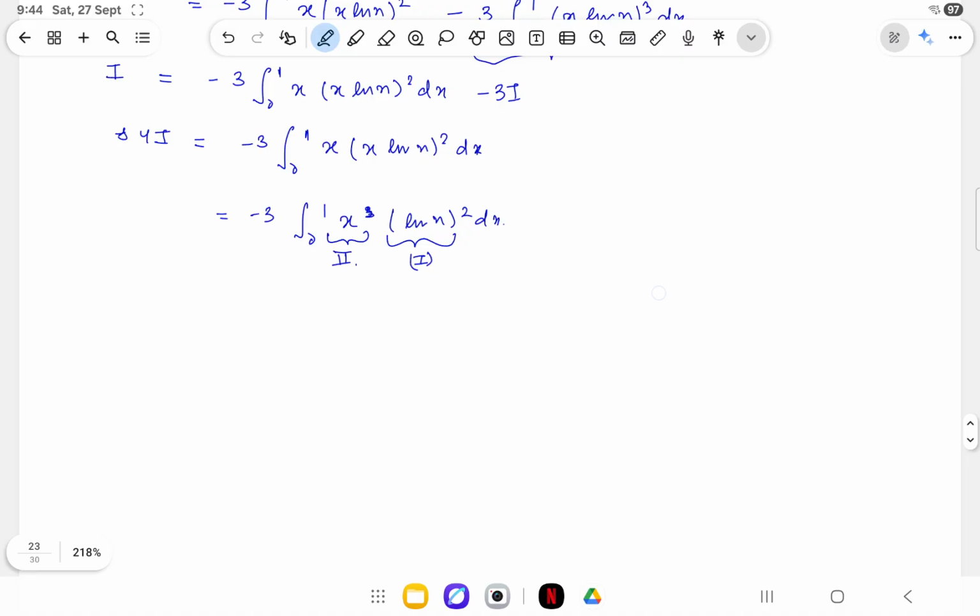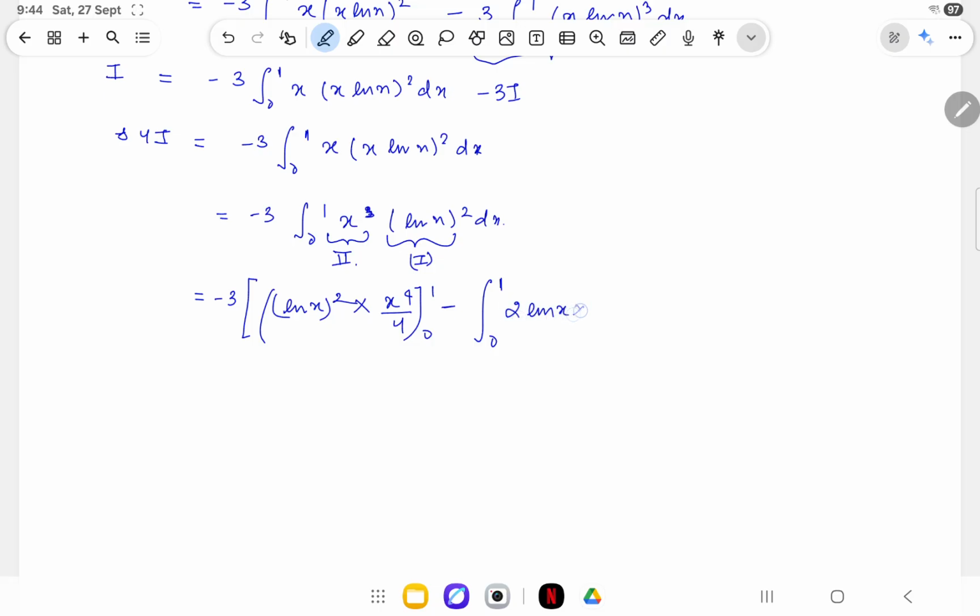So what we'll get is minus 3 into first function same, that is ln x square, into the integration of the second function, that will be x raised to 4 by 4, with limit from 0 to 1, minus the whole integration 0 to 1 of the differentiation of the first function, that will be 2 ln x into 1 by x, into the integration of the second function, that will be x raised to 4 by 4 dx.